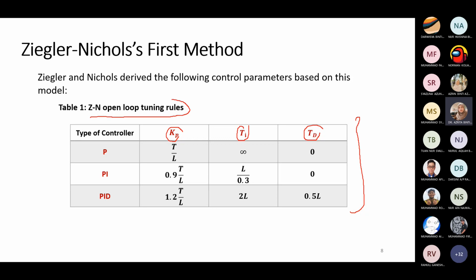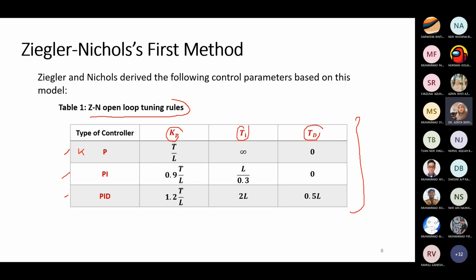It depends on the type of the controller. Using the Ziegler-Nichols, we can design the P controller, also known as a K gain controller, PI, and PID. No PD, so only three types of controller can use this Ziegler-Nichols method: P, PI, and PID.